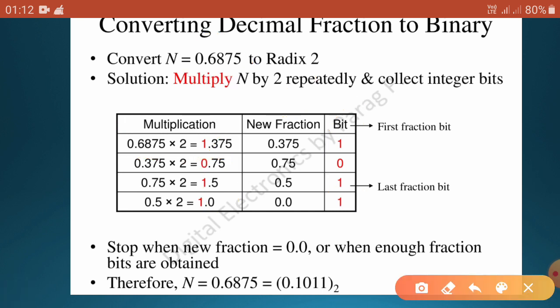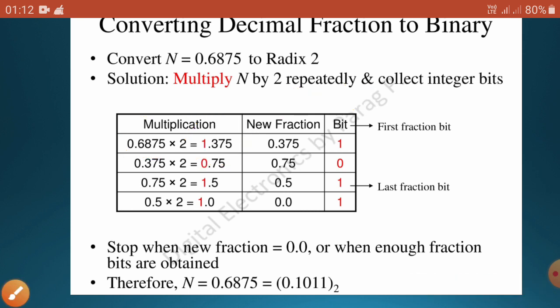Okay, so whenever we multiply 0.6875 by 2, it gives us 1.375. So we write the number 1 under bit and the number after the decimal under the new fraction column.